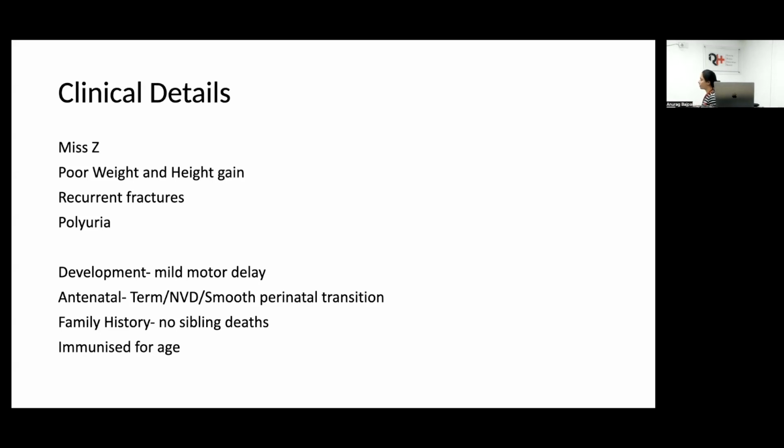Development-wise, she was otherwise normal, with mild gross motor delay which had improved with age. Antenatal and perinatal history was insignificant. There was no history of similar complaints in the family and no sibling deaths. She was immunized for age. The parents were told that she had rickets and she had received vitamin D and calcium supplements on and off for over 1 to 2 years with no significant improvement as per the parents.